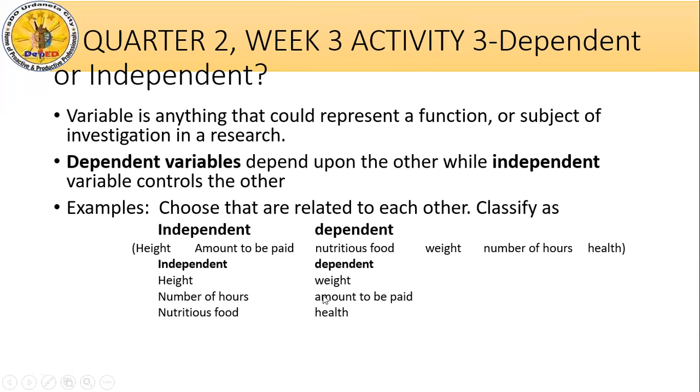So amount to be paid is dependent and number of hours is independent. And for our last example, health depends upon the nutritious food that we eat. So health is a dependent variable and nutritious food is an independent variable.